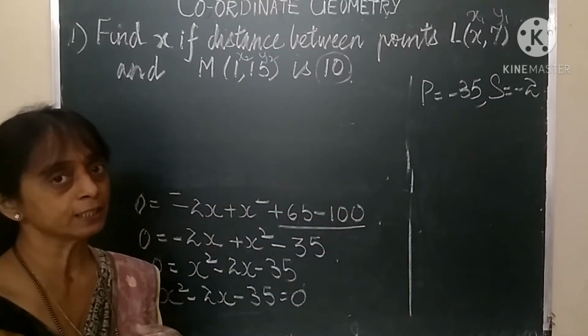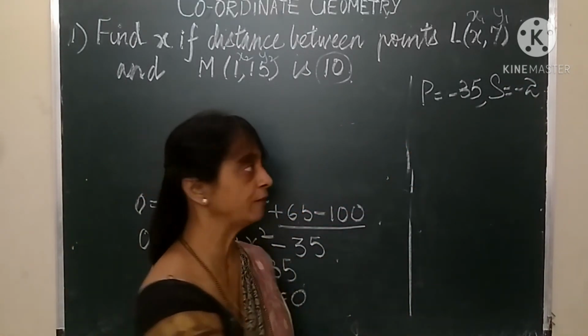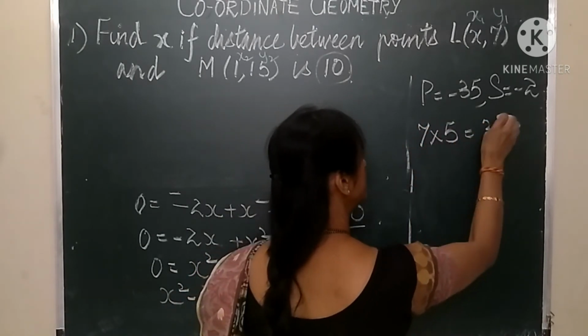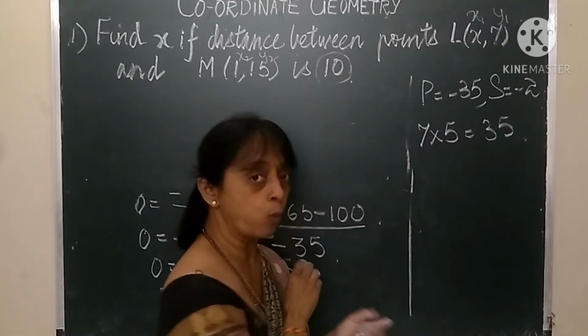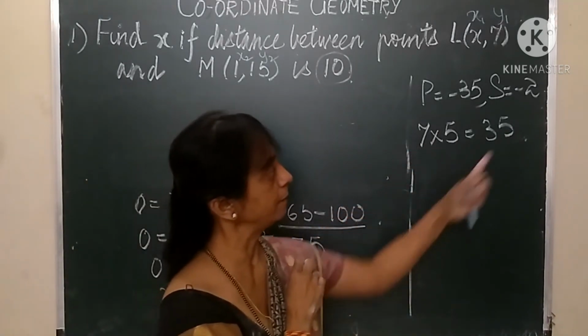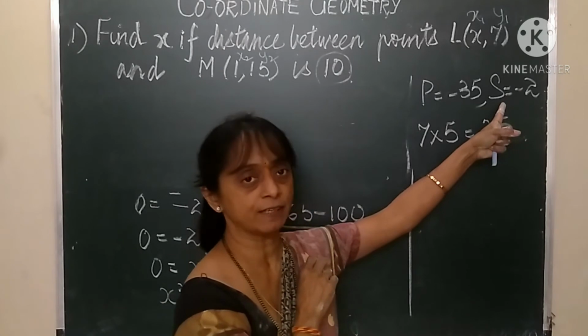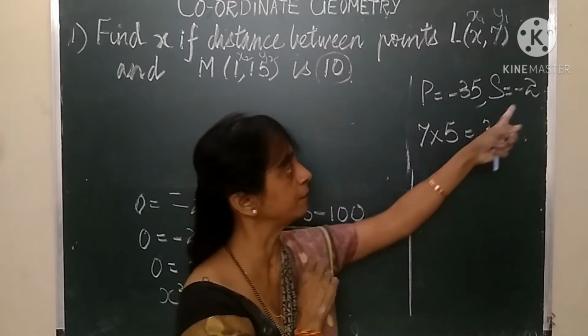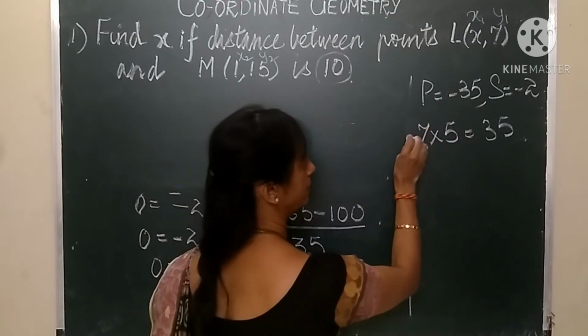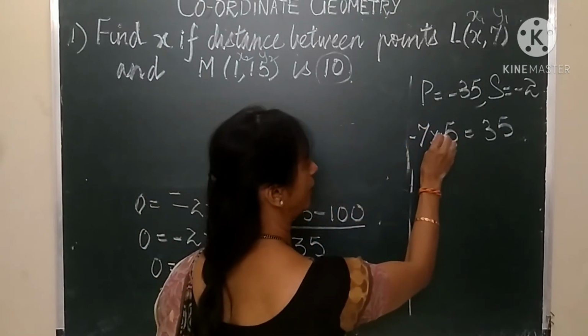Definitely, how do we take two numbers whose product gives us 35? Those two numbers are 7 into 5, which is equal to 35. But what sign will you put for these two numbers such that the sum of those two numbers is equal to minus 2?